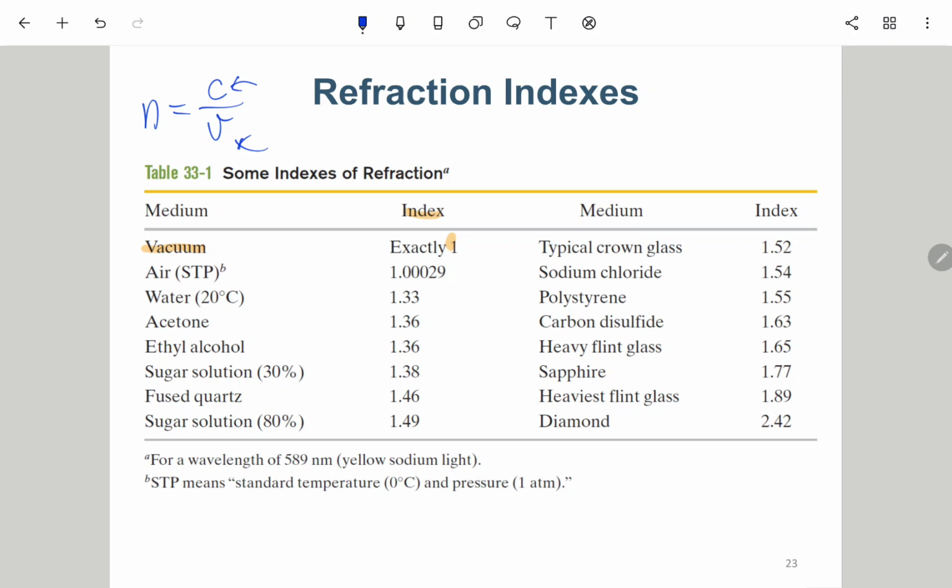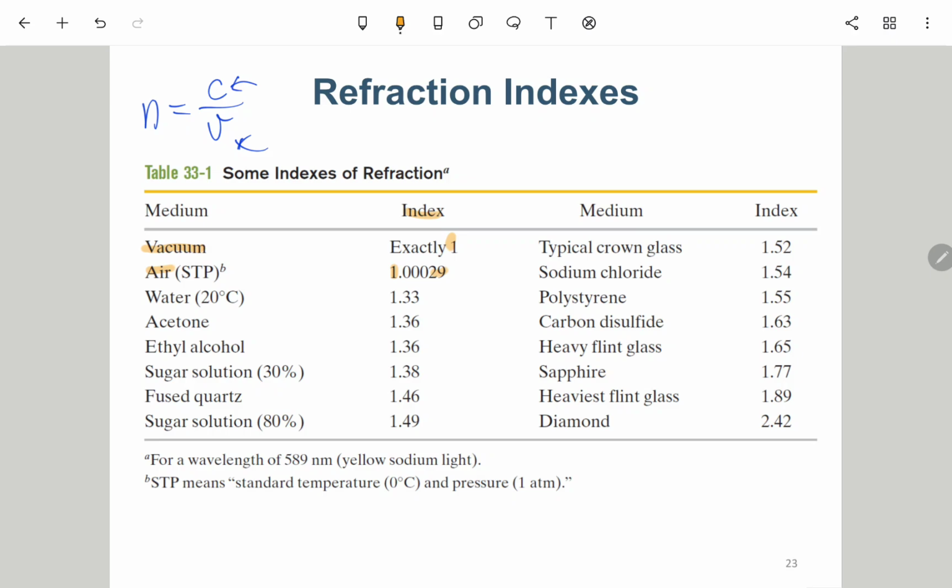So for the vacuum itself, it's c over c, so it's exactly 1. But for air, it is really close to 1, slightly larger, 1.00029. So usually for air we approximate that it is really close to vacuum for the electromagnetic characteristics.